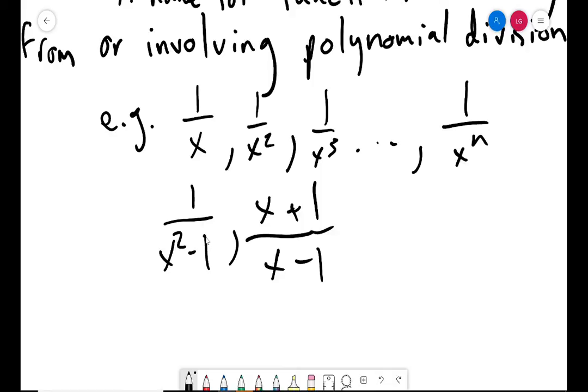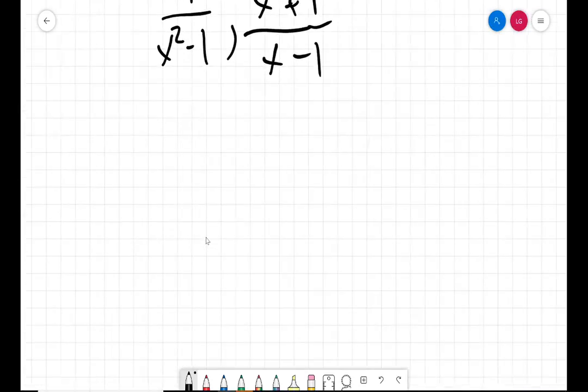You can tell top and bottom, numerator and denominator, are both polynomials. The numerator and the denominator can be degree 0 polynomials. So for example 1, which we know to think about at times as x to the 0, over x to the 1, say. Okay, so those are some examples of rational functions.